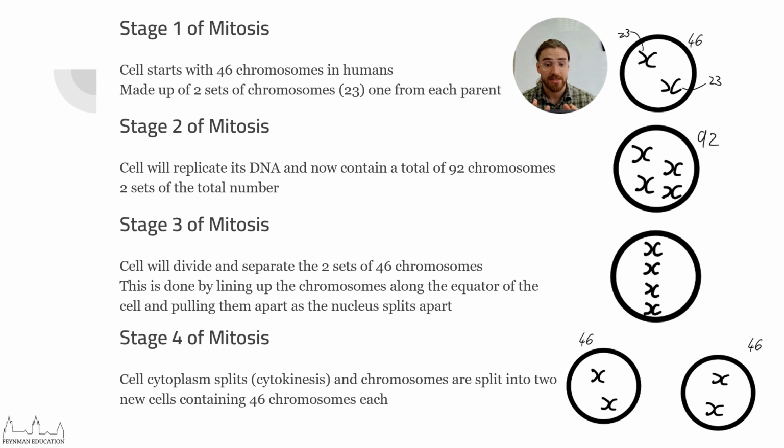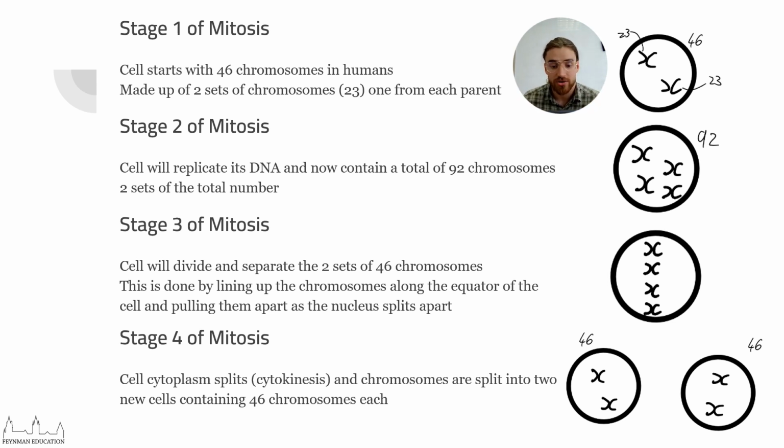They do this because in stage 3, the cell is going to divide and separate into 2 cells now containing both 46 chromosomes, or the full set of chromosomes. They do this by lining up along the equator of the cell, and then they are split using spindle fibers. They're going to attach to the centromeres of the chromosomes and pull them apart.